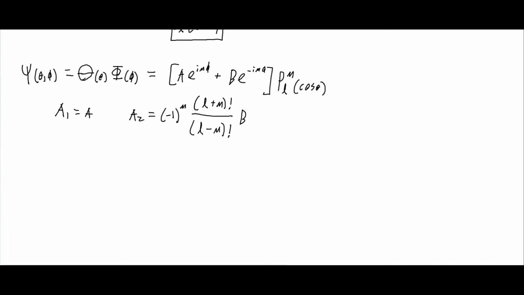This is, I believe, just a normalization thing, so we're putting the a2 here instead of b.